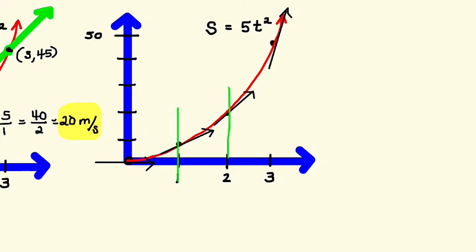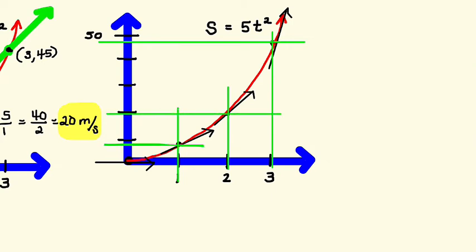So these are just to mark sort of a grid, right? So here are our points, at time 1, at time 2, and time 3, okay? At these points in time, the rock is going a certain velocity, and that velocity is the slope of the tangent line.